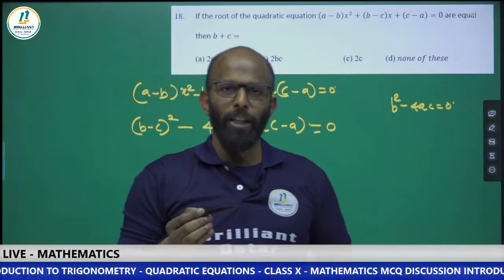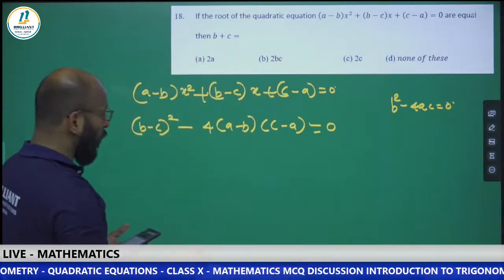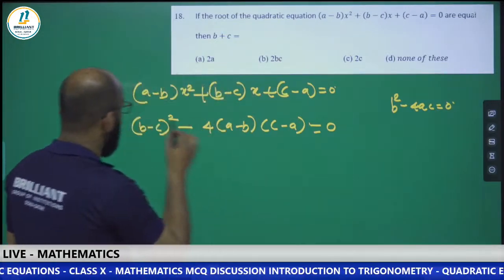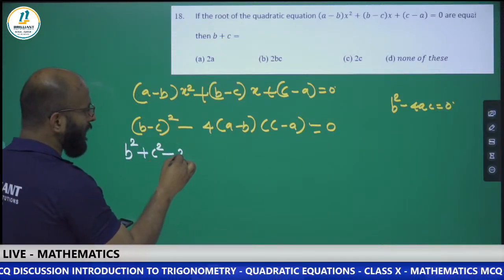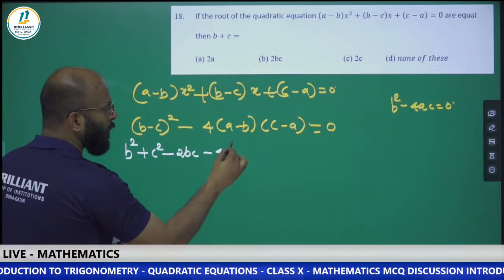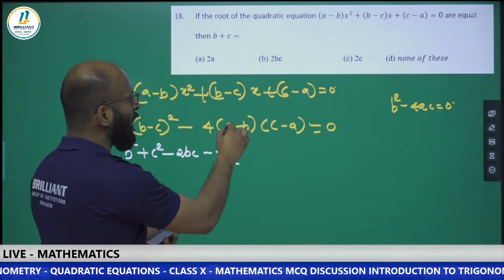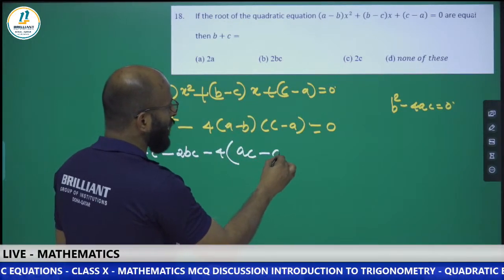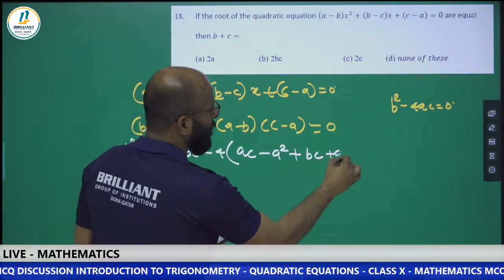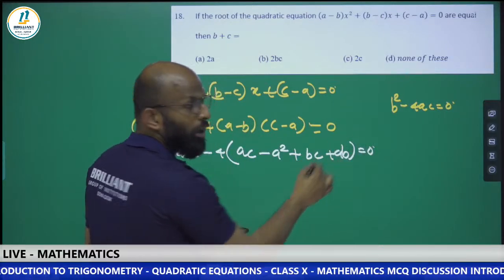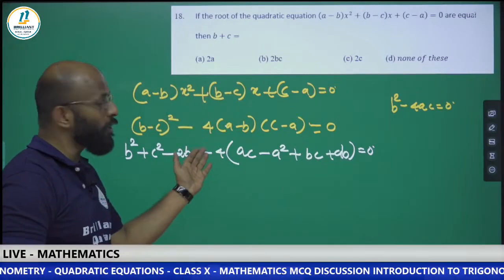Now we can expand this one. What is b minus c whole square? It is b square plus c square minus 2bc. Minus 4 into, we can open this bracket, ac minus a square minus bc plus ab is equal to 0. Now in the next step, we can take this 4 inside.